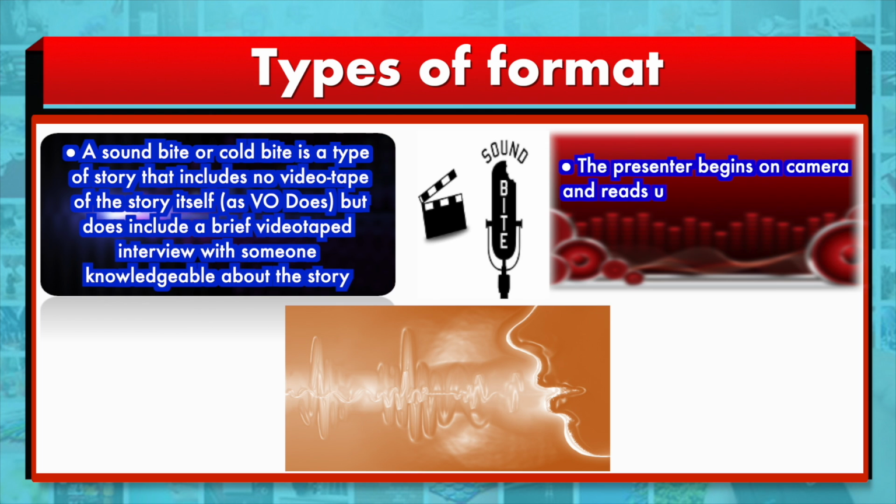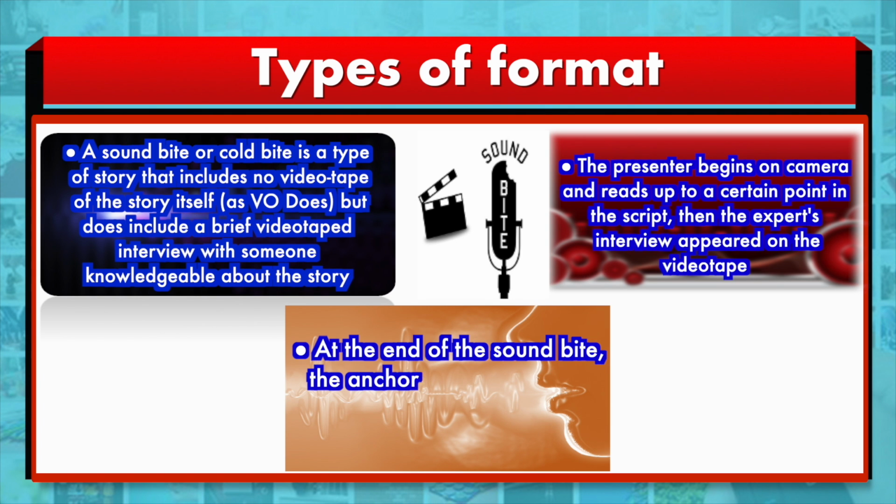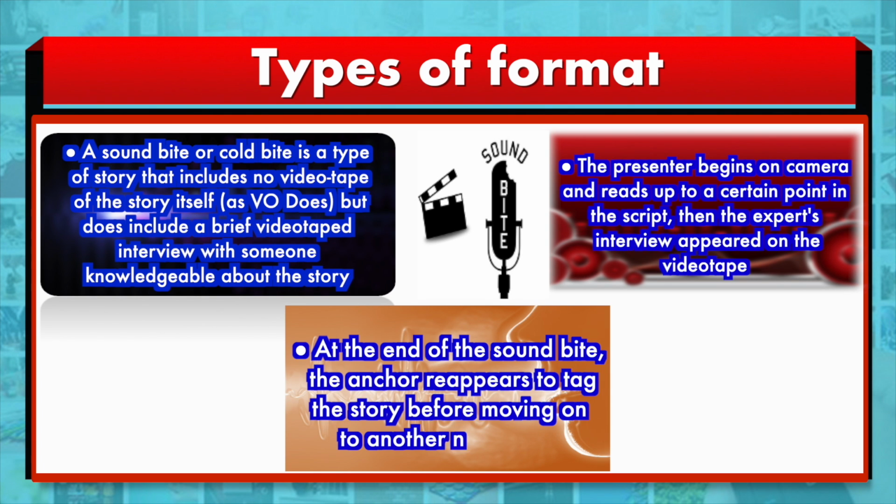The presenter begins on camera and reads up to a certain point in the script. Then the expert's interview appears on the videotape. At the end of the sound bite, the anchor reappears to tag the story before moving on to another news item.